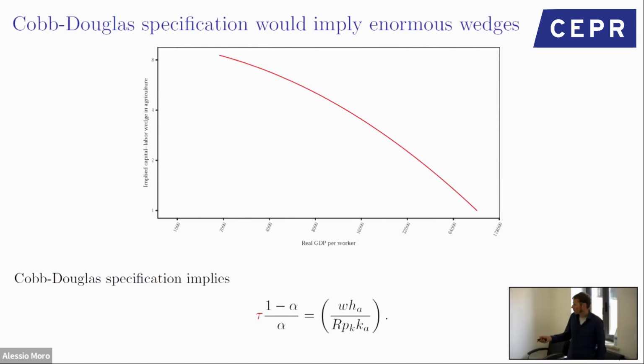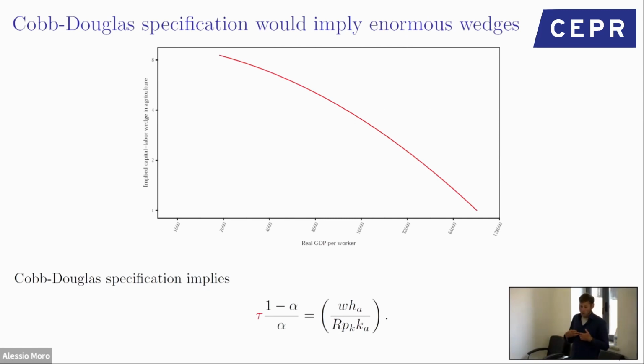Well, you need to put in a wedge. You can back out what wedge this data implies. If you just show it for the labor compensation compared to the capital compensation, it changes by a factor of 8 in the cross section of countries. So this suggests that you need to conclude that there is an 800% tax on capital in agriculture in the poorest country compared to the US, which is of course unreasonable.